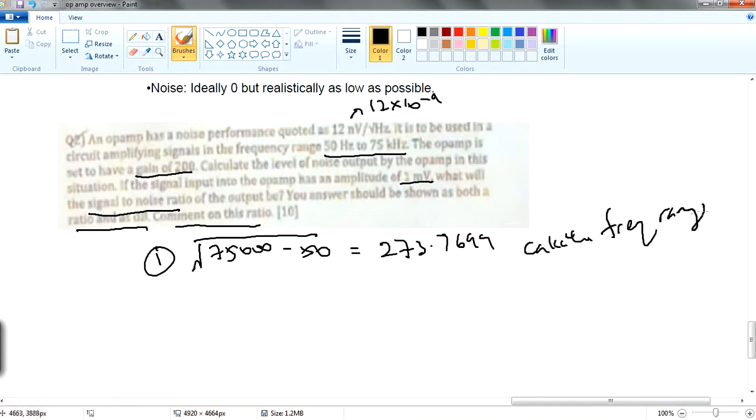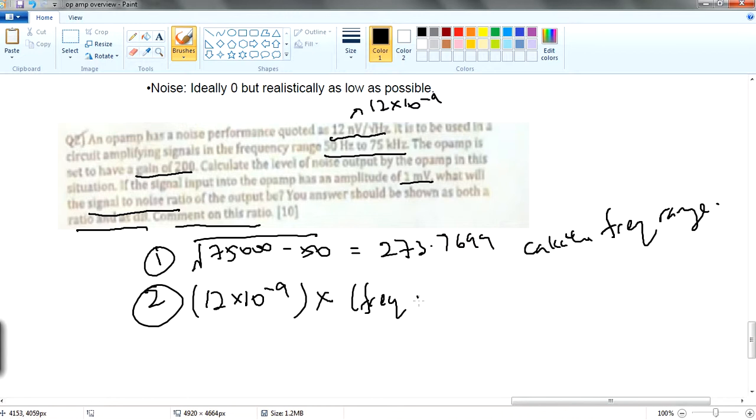After I calculate my frequency range, the next step I need to do is actually to calculate my input noise. So my input noise is actually 12 times 10 to the negative 9, times the frequency range, which is this value 273.7699.